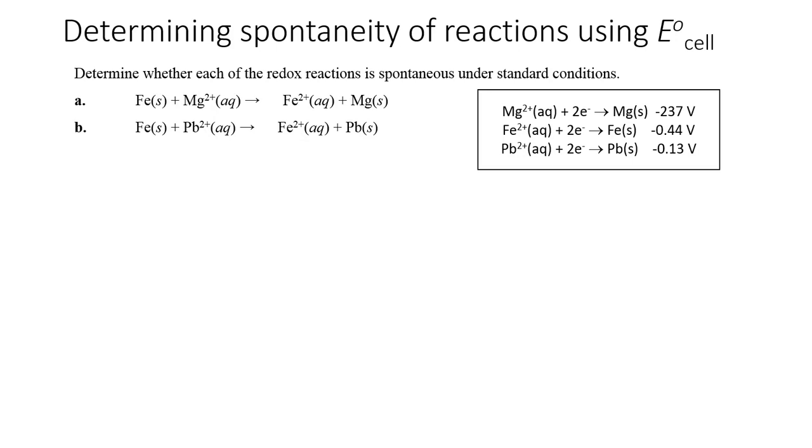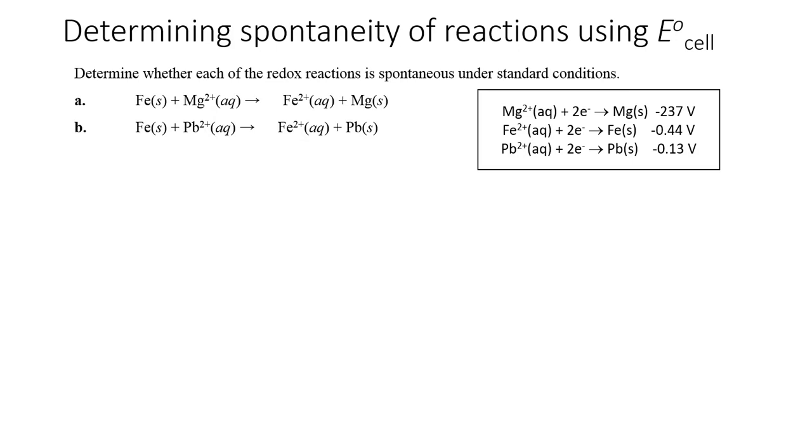So that is our A. B is Fe solid plus Pb2+ aqueous to give us Fe2+ aqueous and Pb solid.